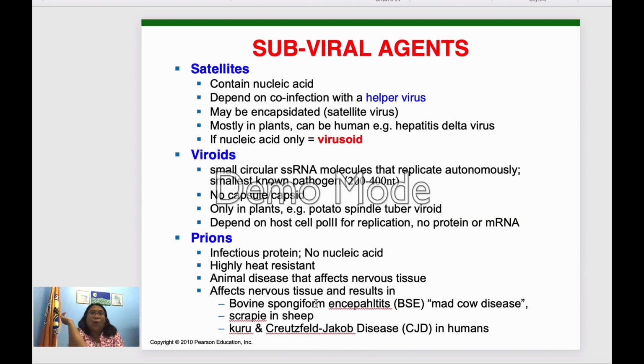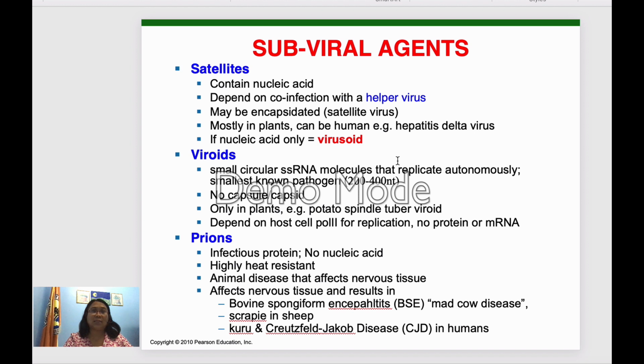Okay, so additionally, I would like to also mention subviral agents. These are virus-like entities. So we have the satellites, or this nucleic acid only containing entity known as virusoid. They contain nucleic acid and are dependent on another virus, a helper virus, so that they can get inside the cell.